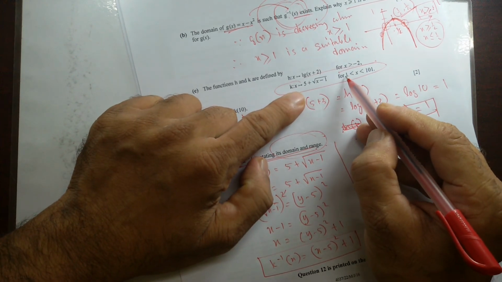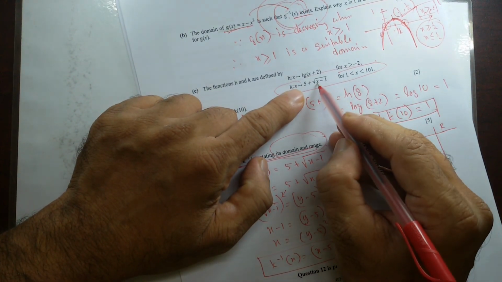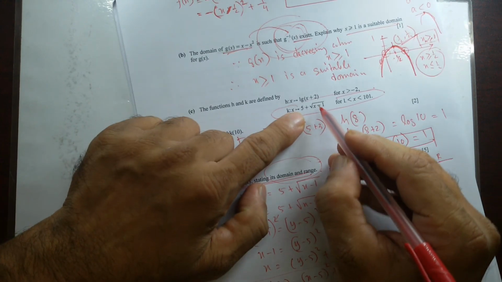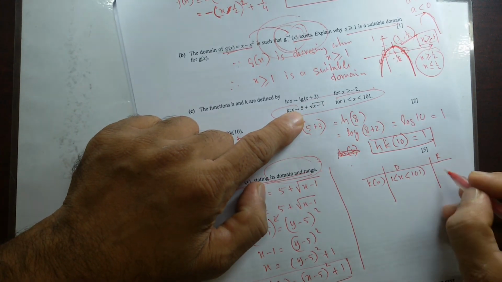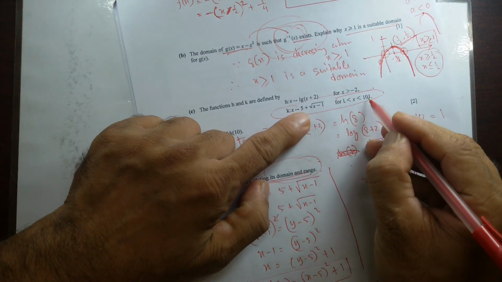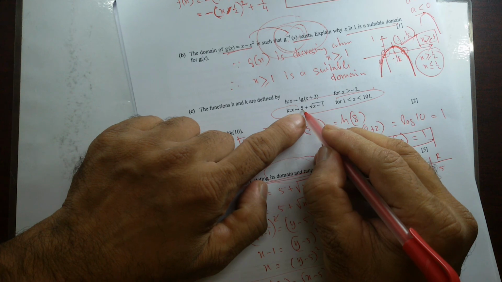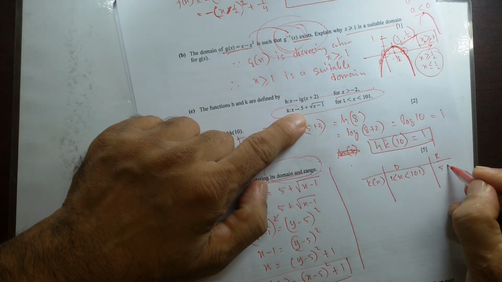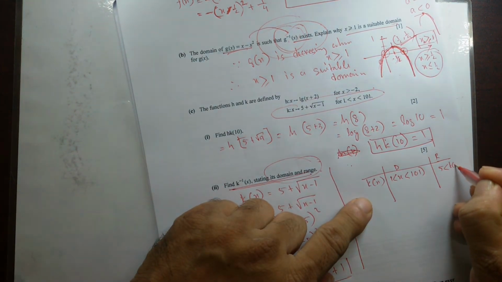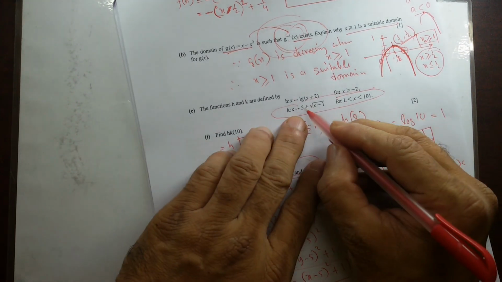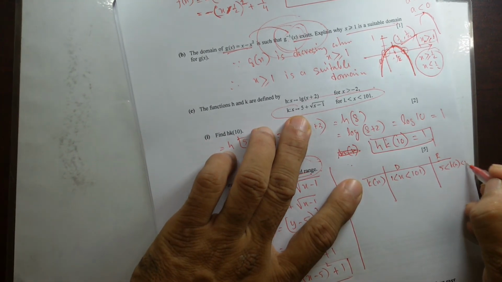If we put 1 over here, 1 minus 1 is 0, square root of 0 is 0, so it's going to be 5. And when we put 101 over here, minus 1, that's going to be 10, and 5 plus 10 is 15. So the range of k of x was from 5 to 15.